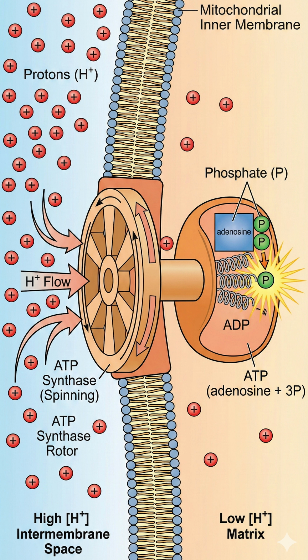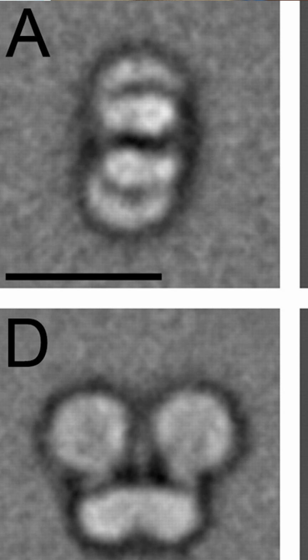And the protons travel from high concentration to low concentration. And just like a wind blows a windmill, the protons spin the turbine. And the turbine literally uses mechanical force to create the bonds between the adenosine and the three phosphate groups. And that's how we create adenosine triphosphate.